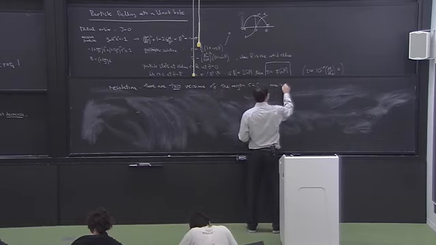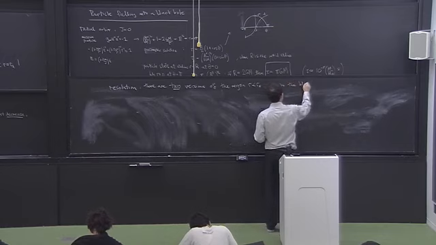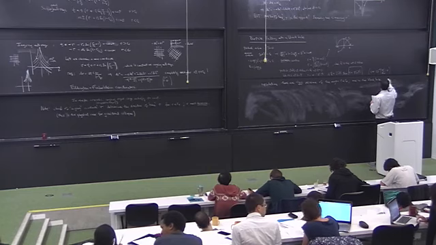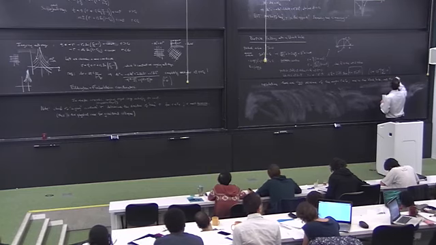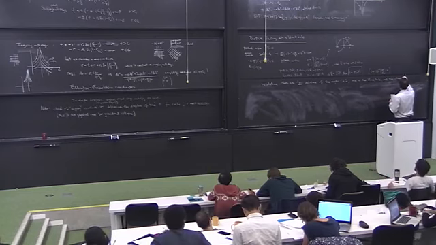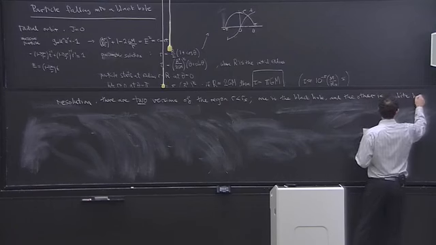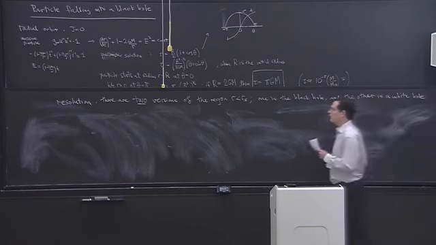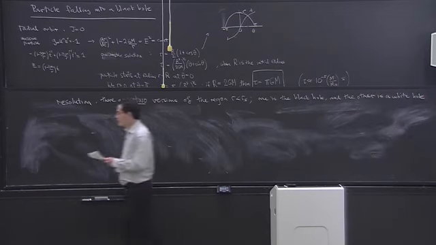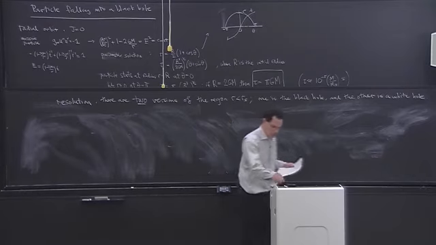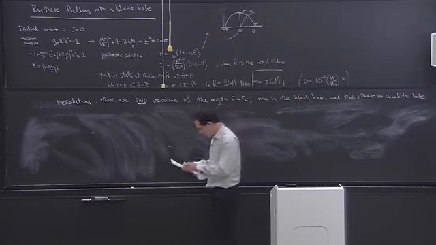One is the black hole, and the other is a white hole. Okay. Nevertheless, they coexist. Okay, and we'll see how they coexist. We've just got to add another region to space-time. We'll see how that happens.